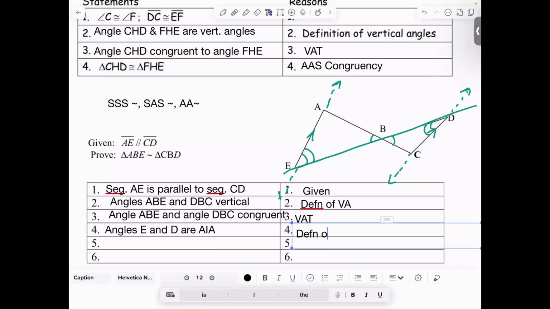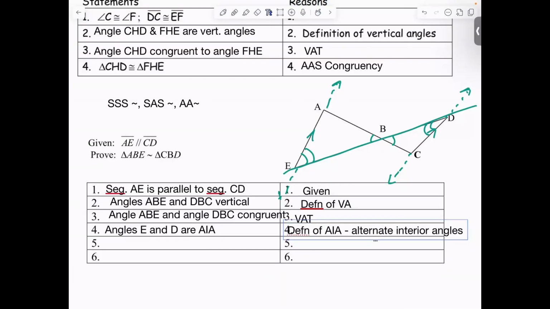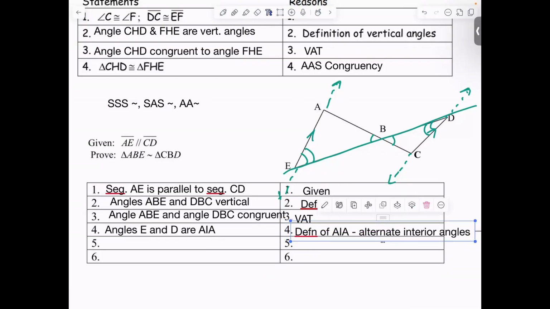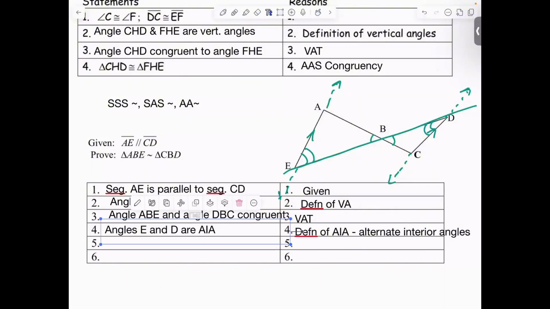Definition of AIA. Hope that's clear. AIA, alternate interior angle. So remember, those are inside the transversal and on opposite sides of each other. And then we can say they're congruent.